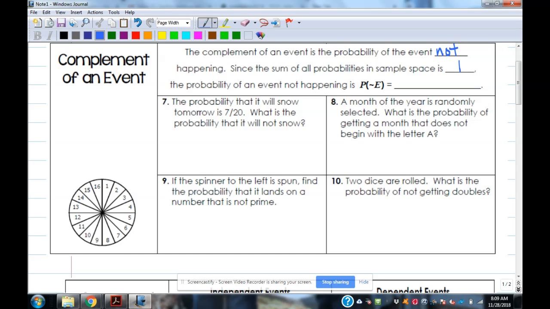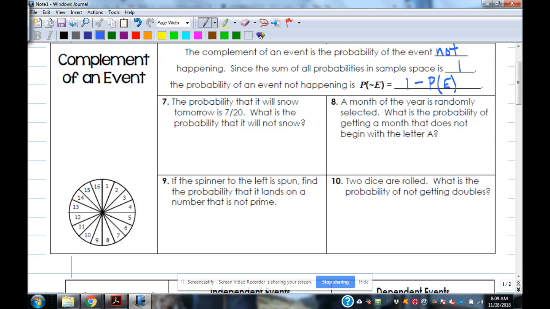The probability of an event not happening, the notation is this little tilde symbol before the event name. So that probability is 1 minus the probability of the event actually happening.